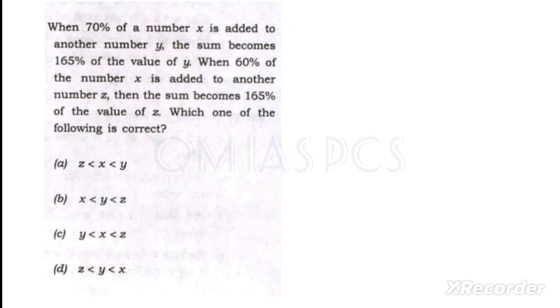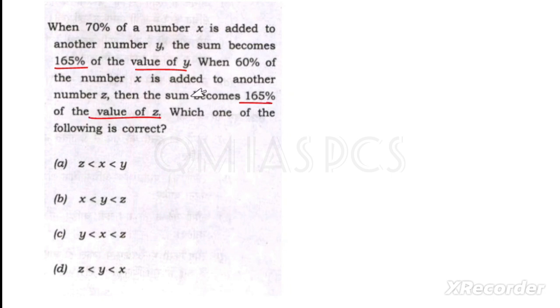Okay, let's see this question. When 70% of a number x is added to another number y, the sum becomes 165% of the value of y. When 60% of the number x is added to another number z, then the sum becomes 165% of the value of z.